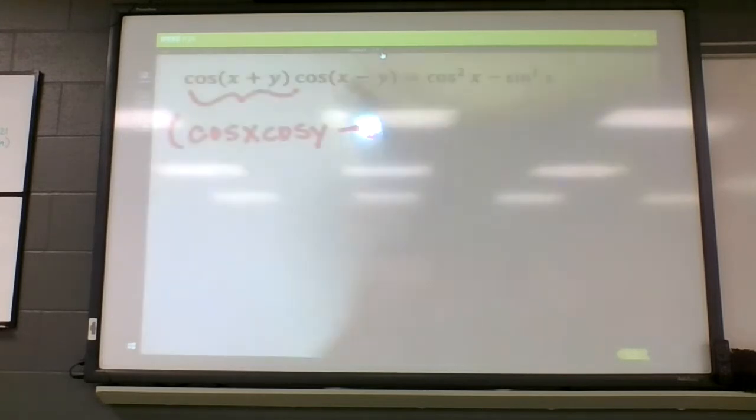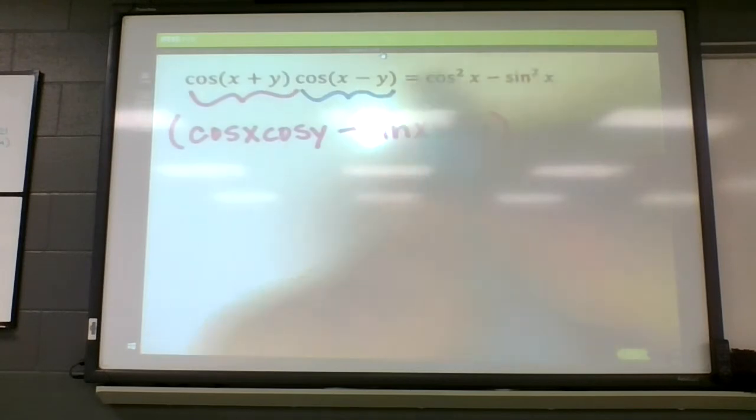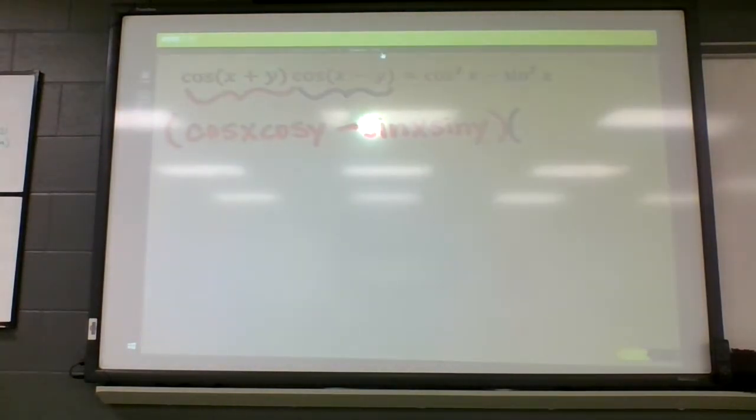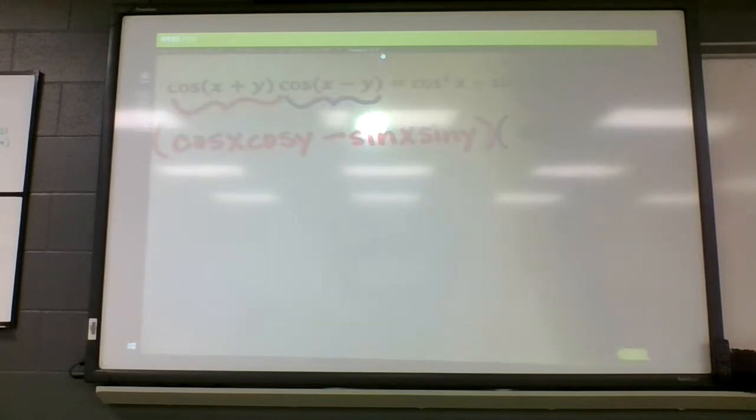So now I'm going to do the same thing with this second piece, and it also needs to go in its own set of parentheses. So this one will be cosine x, cosine y, and because of the minus here, we'll have a plus between them. Sine x, sine y.